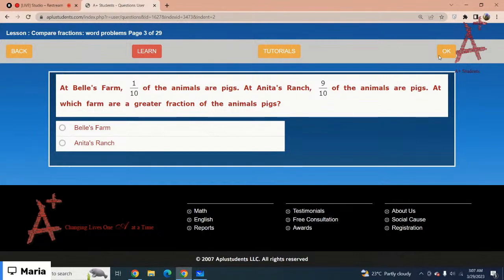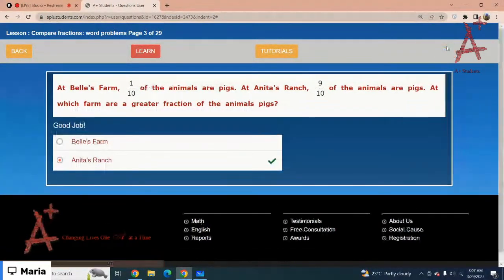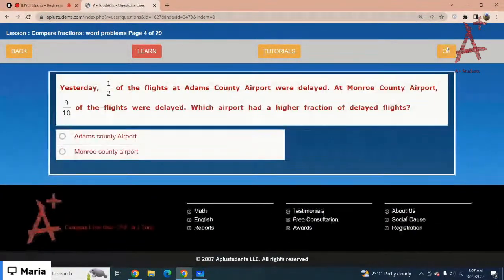So which fraction is greater? 9 by 10 is greater than 1 by 10. That means Anita's ranch has more pigs. The second option is the correct option. Got it, everyone? If you have any question, you can ask. I'm here to answer all your questions and confusions if you have any.